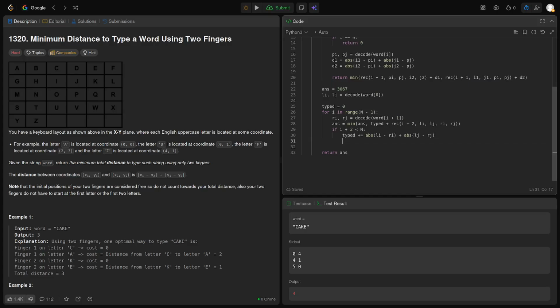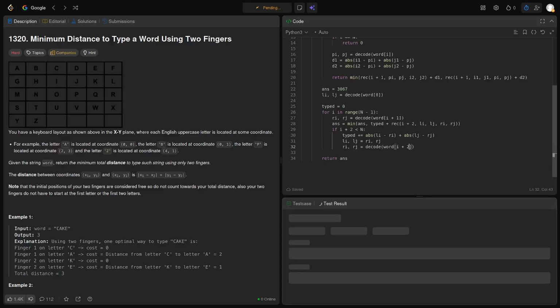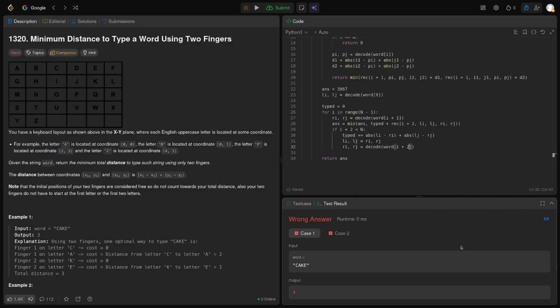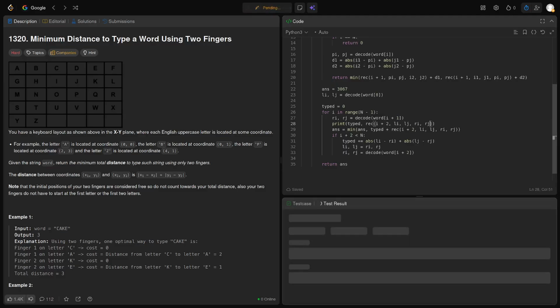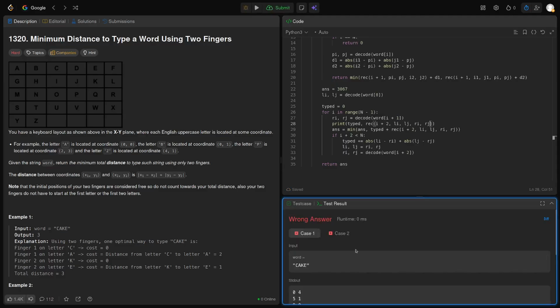Right, and then LI, LJ, RI, RJ, decode word I plus 2. Okay. Type. Let's see.